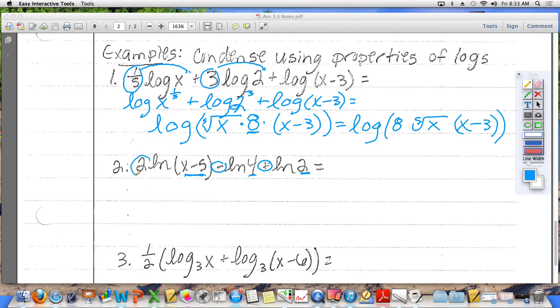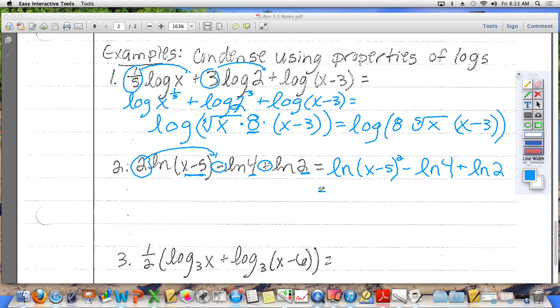Alright, so we have a 2 out front. I move it to a power. Looks like that's the only thing I can do in terms of powers. So I'm going to rewrite this as the ln of x minus 5 to the 2nd power minus the ln of 4 plus the ln of 2.